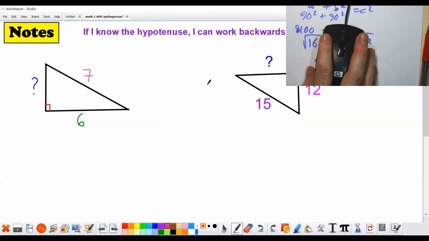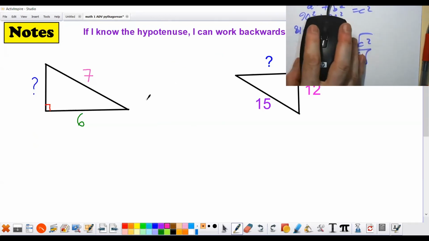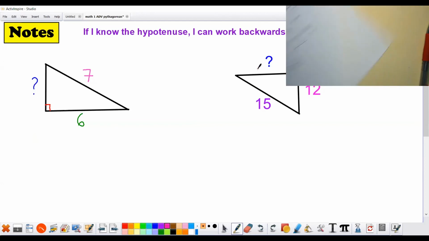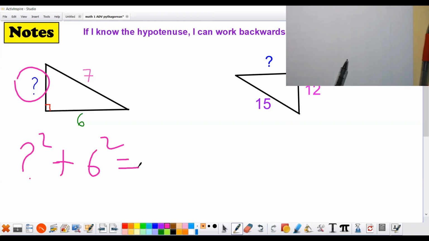Okay, you can also do these backwards. Do you think you can do it backwards? What do you think you're going to do? Go ahead, figure it out. Okay? Well, I know that the two short pieces, this one squared plus 6 squared, is supposed to equal the final answer. This is the hypotenuse, isn't it?